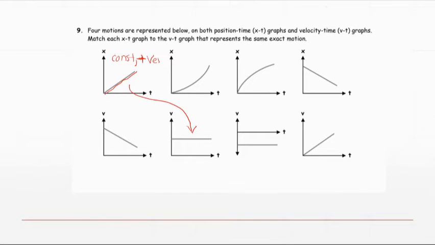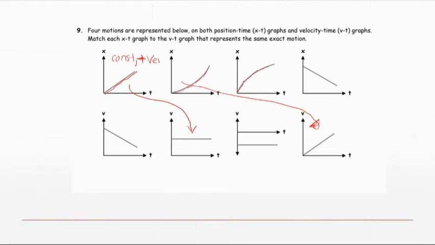Now, in this case, my slope is getting significantly steeper. My slope is getting steeper, so I have an increasing velocity in the positive direction. That's going to be this right here. Now, in this case, my slope is getting less steep.